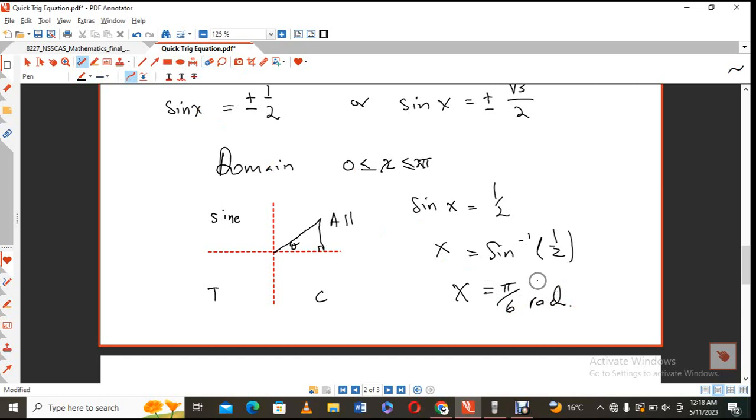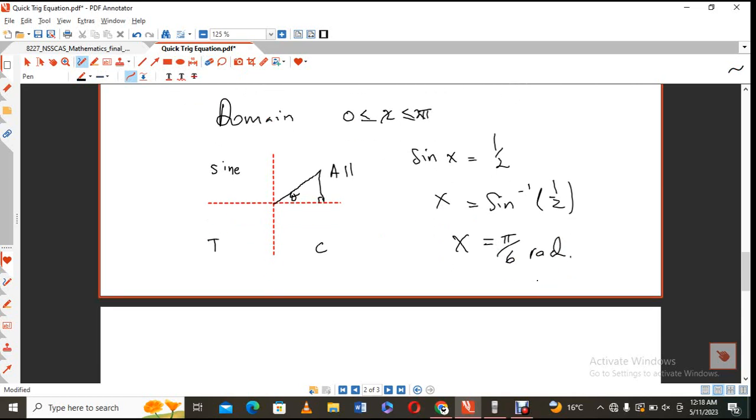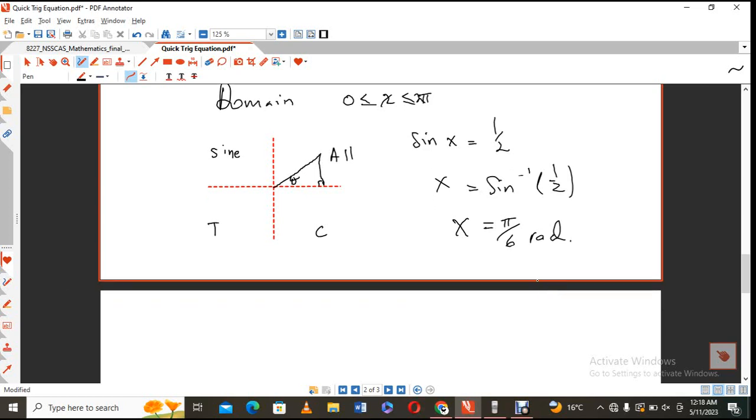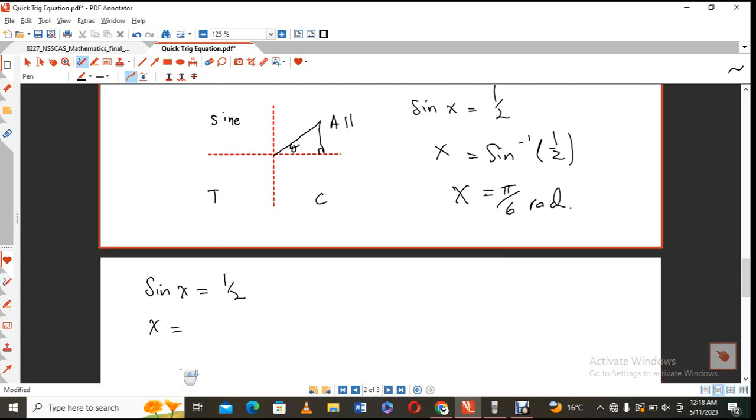Now let's work on that first concept, and I'm going to write here just to have the space. Sine x is equal to 1/2 when it's positive, and our key angle theta, our acute basic angle, was pi upon 6. So our solutions: x would be pi upon 6, that is in the first quadrant.